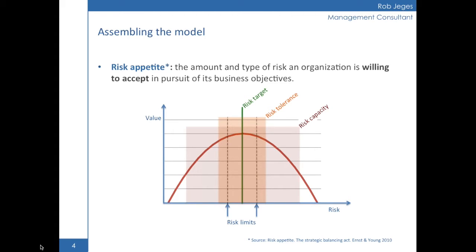So my understanding is that maybe risk capacity may be defined at the business unit or organization level, but things like the risk target or risk limits, and maybe even the risk tolerance, may have to be defined at the individual risk category level, so maybe just at the fraud level, and in some cases maybe down to the individual risk level, assuming that those are the important risk. Is that the practice you have seen in terms of at what level all these different parameters are defined within organizations?